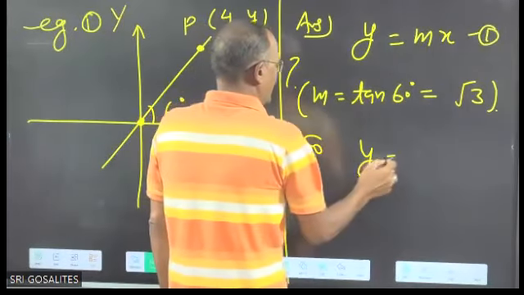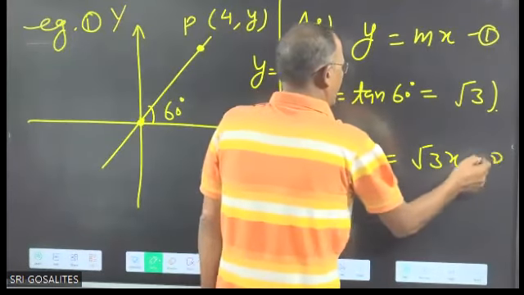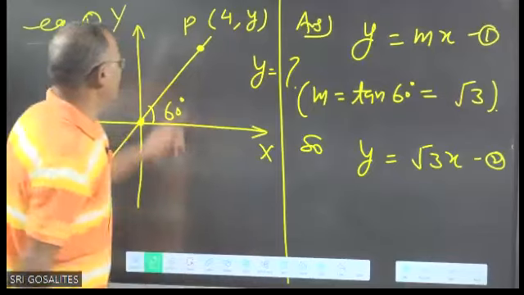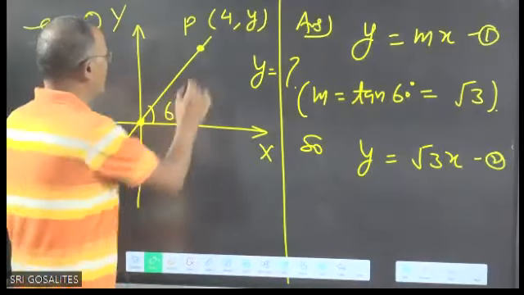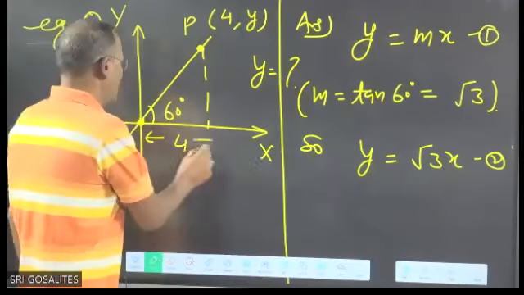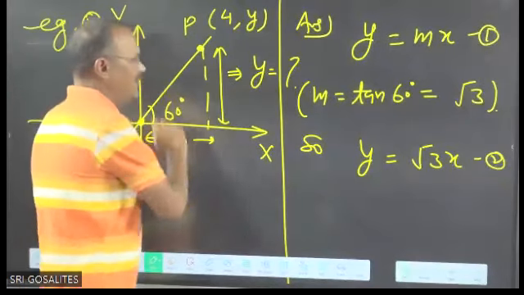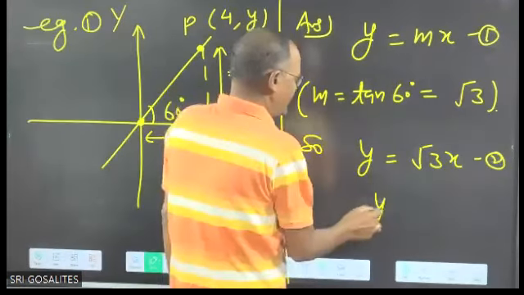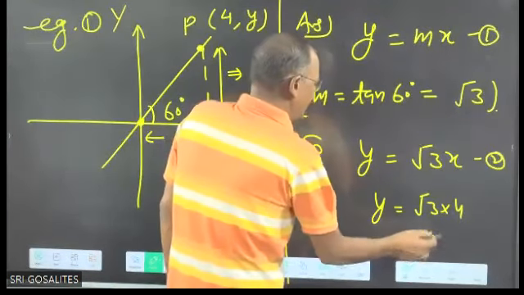So what is the y? Put this here. y equals √3x. Now this is the relation over this line between the x and y coordinates. We want to find the y when the x is 4. This is 4. Then what is this height? That is our y. So just put the x here, so we will be getting the y coordinate.